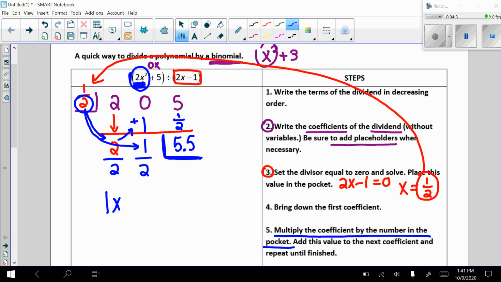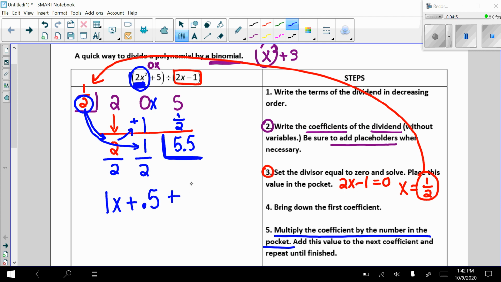So 1x, this was our x term, remember. So 1 degree less than that is just a constant. So 1x plus 1/2, or you could put a 0.5 there.